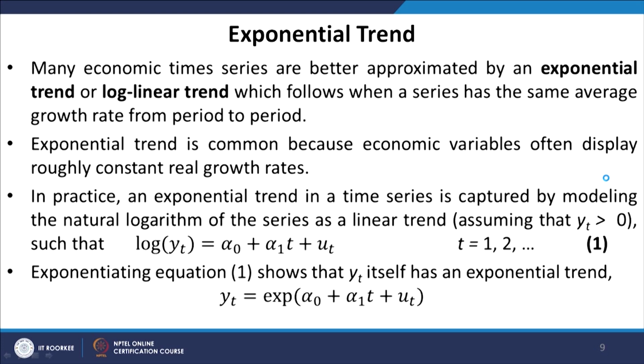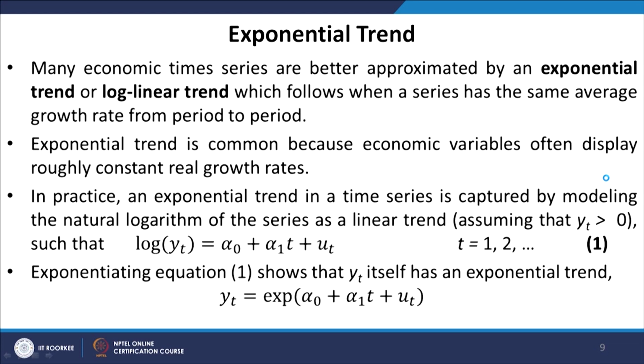Exponential trend is common because economic variables often display roughly constant real growth rates. So, if we observe that the real GDP of an economy has been growing for the last 10 years at a rate of 2% per annum, then this can probably be plotted as an exponential trend.